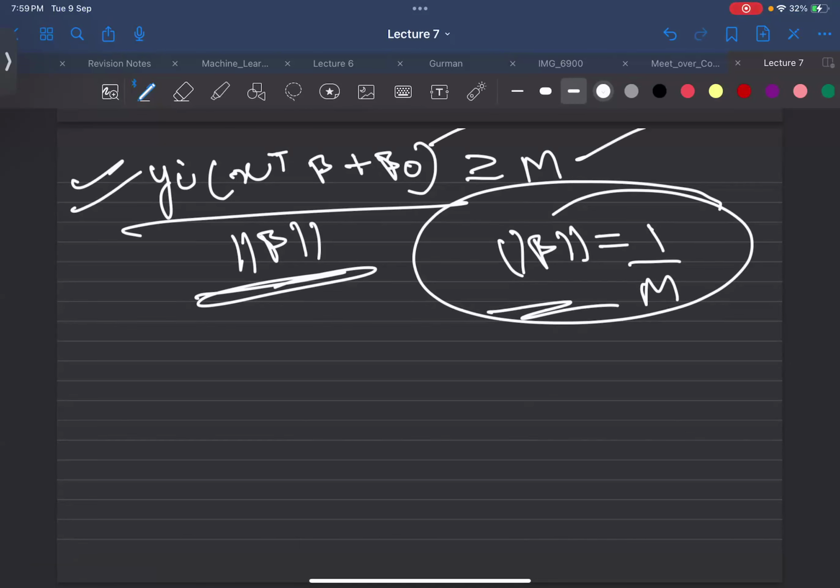So I want a constraint, it shouldn't keep increasing, and it should be bounded at some point. That's why I am doing this.